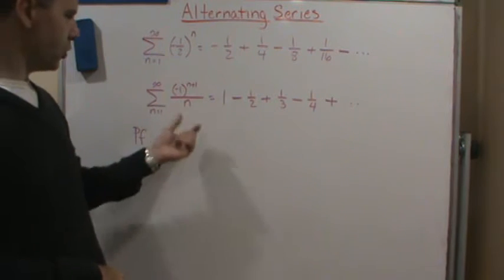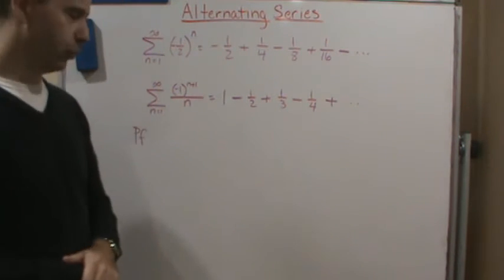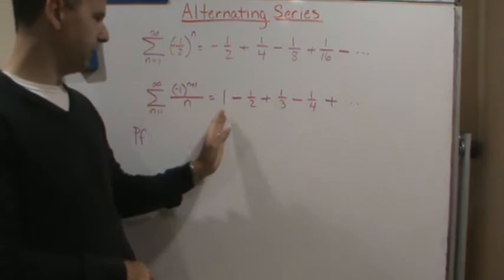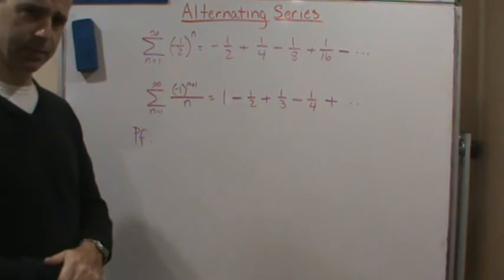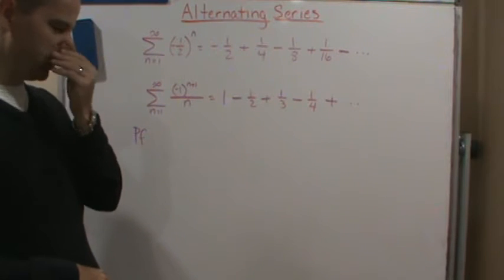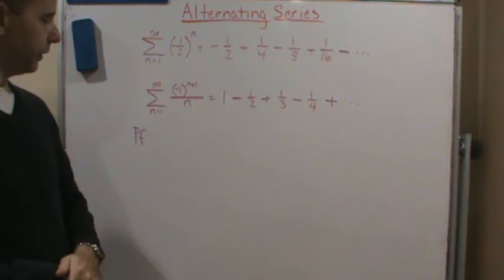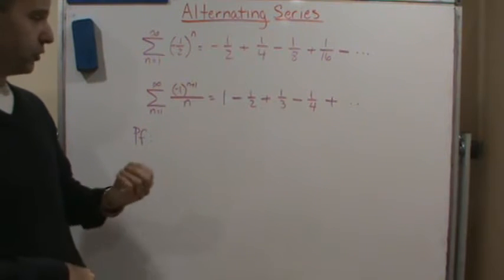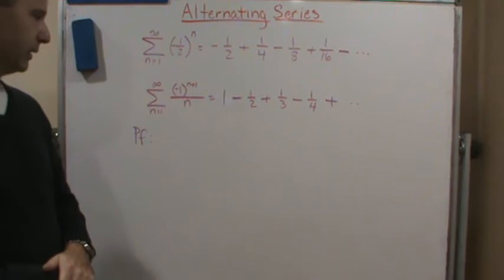But to show that this is going to be a convergent series, we're going to take the odd partial sums and the even partial sums, and show that both of those sequences converge.